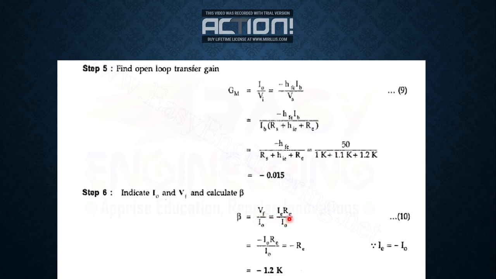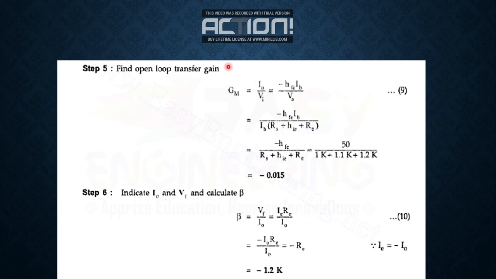Vf is equal to IE into RE, because RE is the feedback element, so IE is the current through the feedback. IE goes in the opposite direction to the minus I naught, but equal in magnitude. So we can put IE equal to minus I naught. So we will end up with minus RE. The RE value is given as 1.2 kilo ohm. So minus RE is equal to minus 1.2 K.